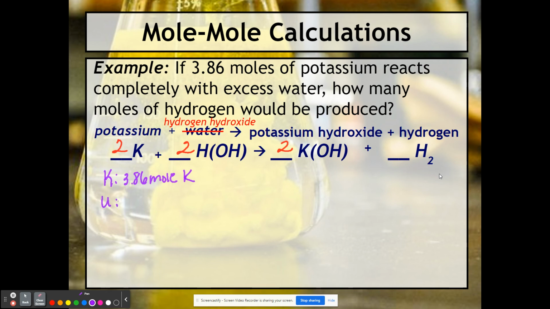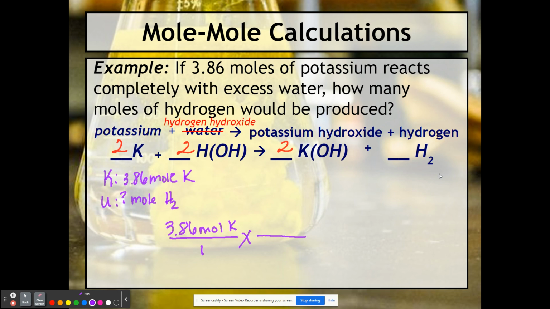Our unknown, how many moles of hydrogen? Start with our known and put it over 1. Then we're going to convert from moles of potassium to moles of hydrogen.